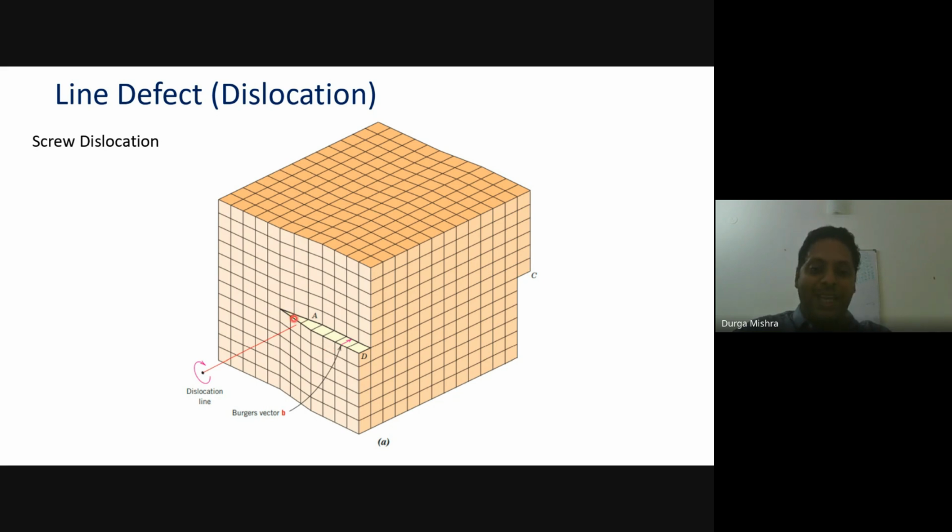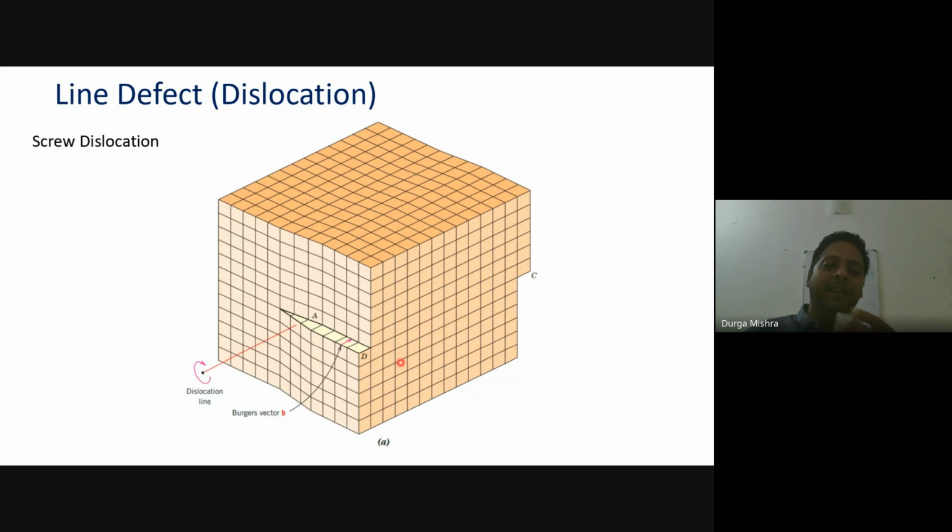Now you create an extra line of atoms which is not present, and you call this a screw dislocation. It is called screw because you get a spiral kind of movement or deformation.